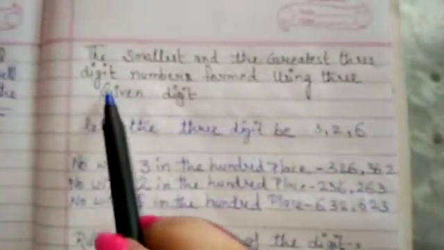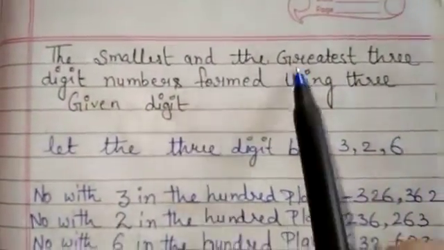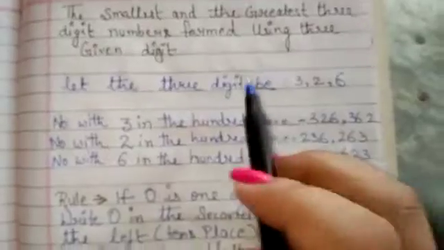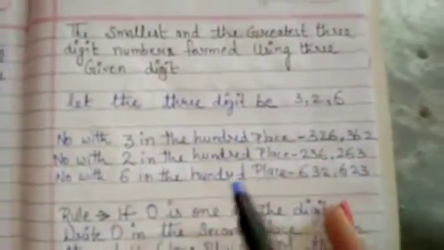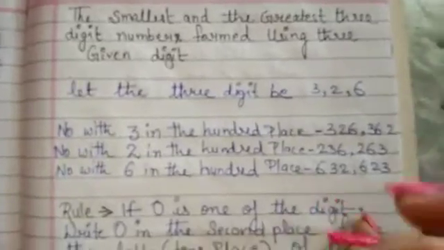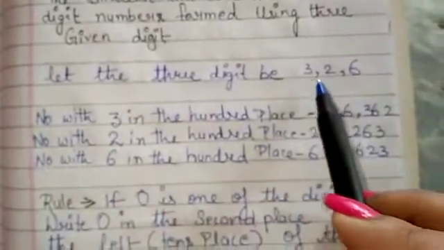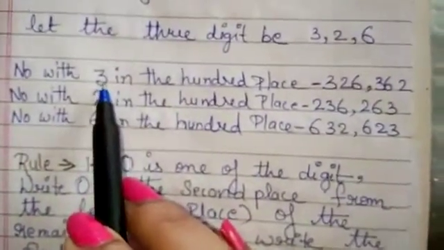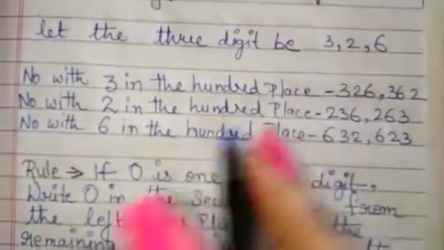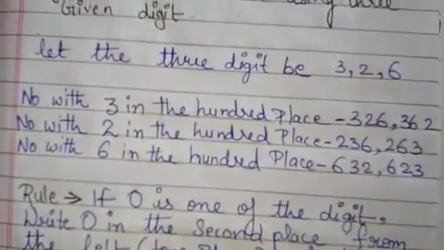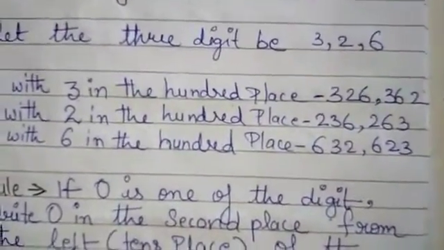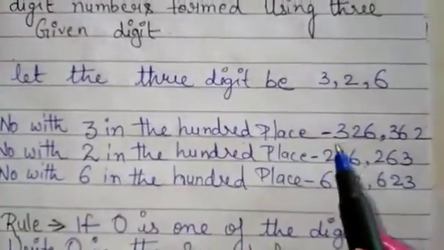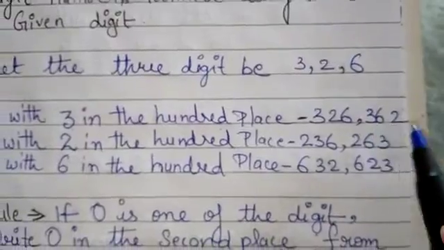Now we will move to the next topic, that is the smallest and the greatest 3-digit number formed using 3 given digits. We have to form the smallest as well as the greatest number using only 3 digits. Here we are using 3, 2 and 6. By keeping 3 in the 100s place, we get 326 and 362.